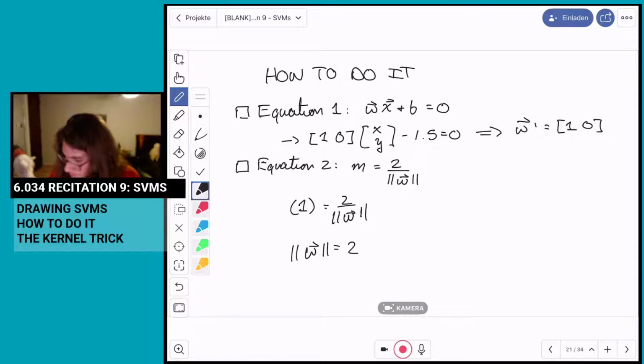Yet the magnitude of W vector prime is equal to 1.